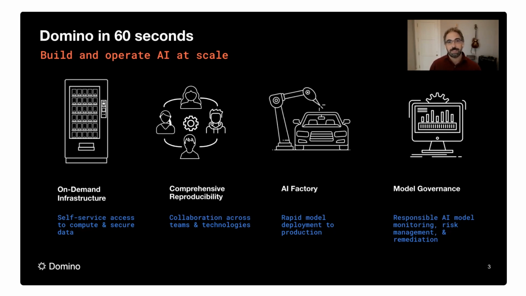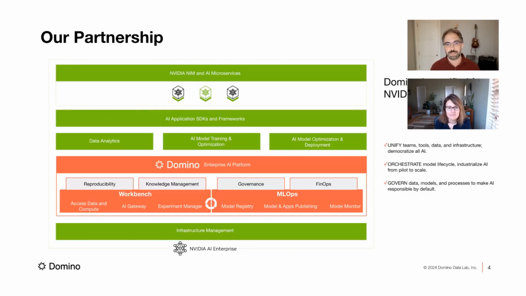We make it really easy to collaborate and reproduce other people's work. We speed the process of getting a model through development into production. And then we do this all in a way that's safe to scale across the enterprise. So it's easy to manage by IT. You can put cost controls in there, and you can also see how these models are performing to mitigate risks to your organization. And of course, you can get all these benefits using NVIDIA products and services because Domino is certified for use with NVIDIA AI Enterprise.